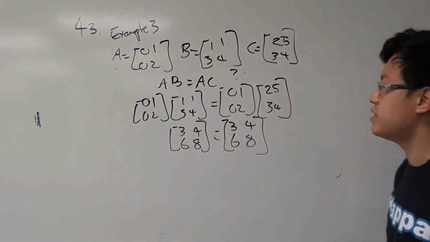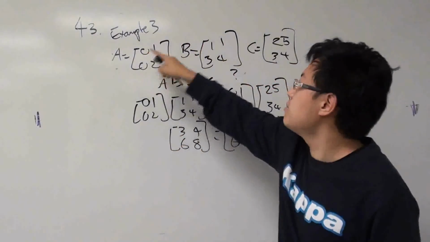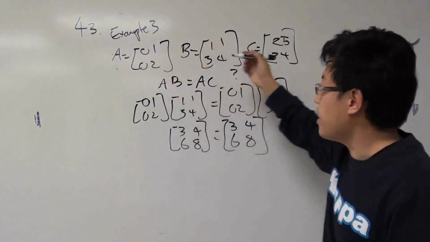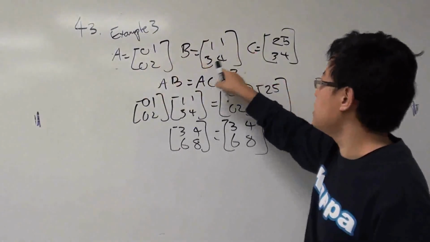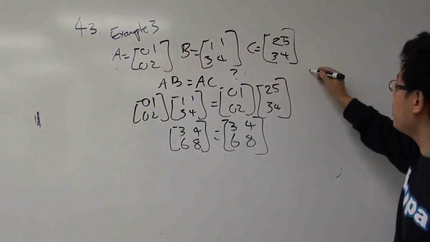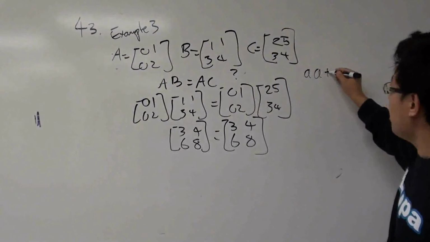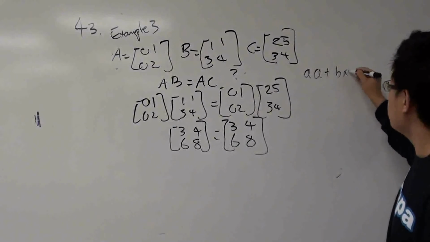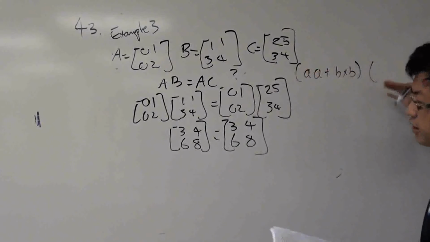So maybe there's a more elegant equation. Let's say these were the entries, A, B, C, D, A, B, C, D. Then technically what you're doing is A times A, and then B times B, and add together, and you get the idea, right?